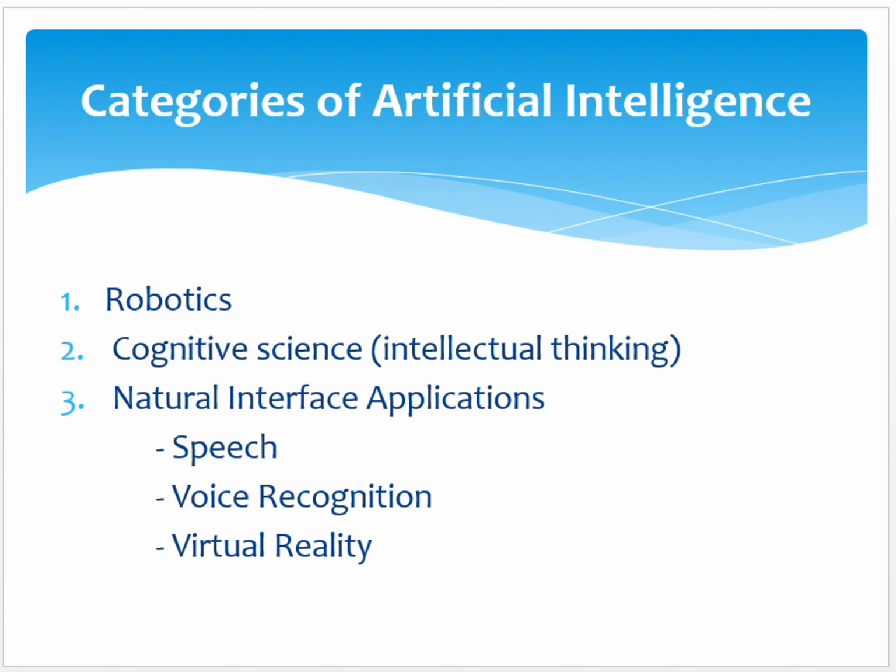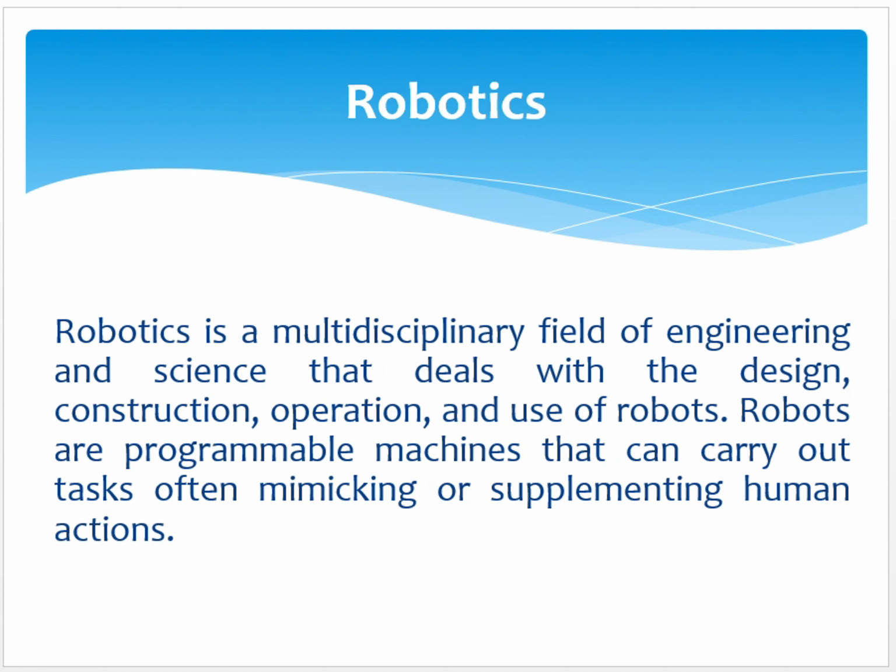So we have robotics. Robotics is a field of engineering that is multidisciplinary, that deals with how you design, operate, construct, and create robots. So it's what we refer to as robotics, a field of engineering and science that deals with the design, creation, and operations using robots.